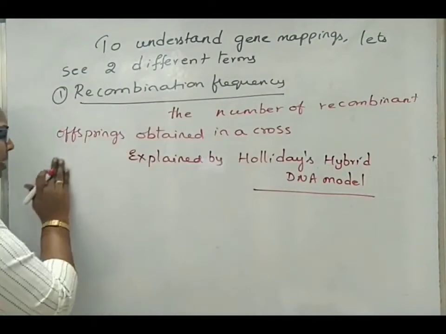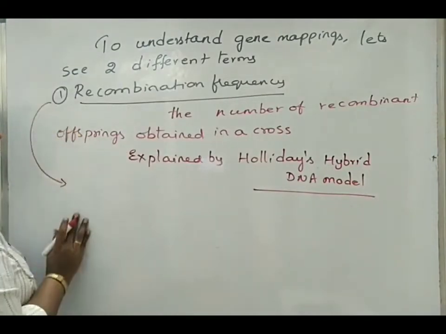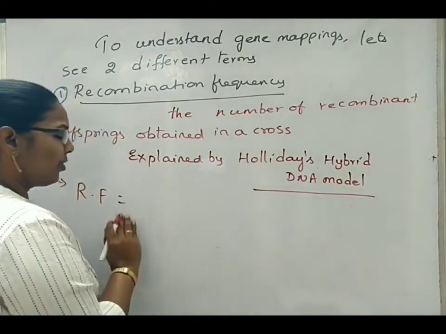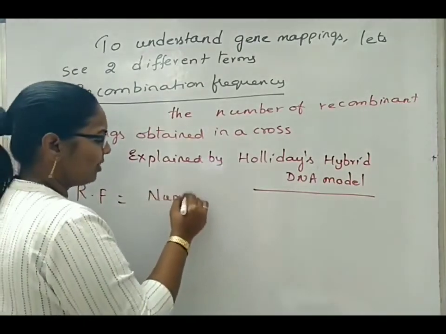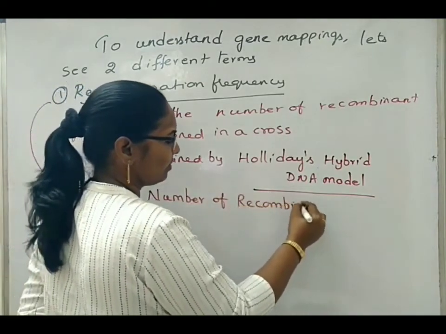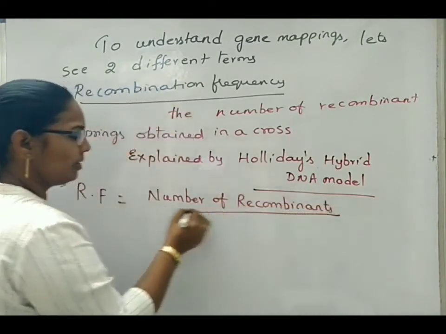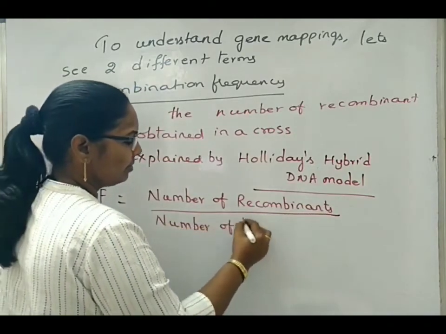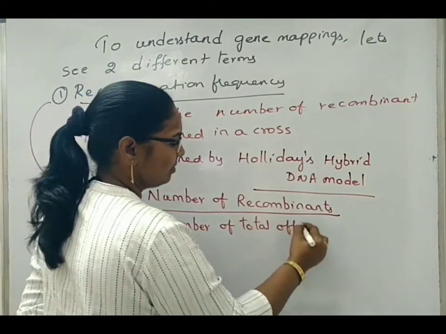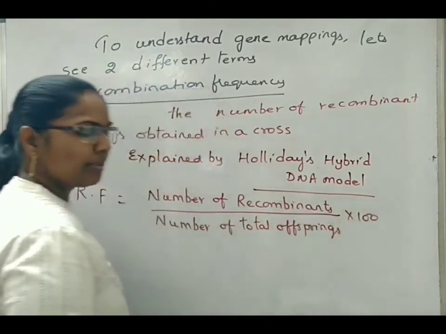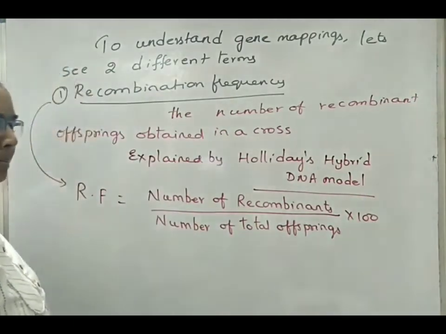Now, there is a formula to calculate recombination frequency. Recombination frequency can be formulated as the number of recombinants divided by the number of total offsprings, multiplied by 100 to get the recombination frequency percentage.